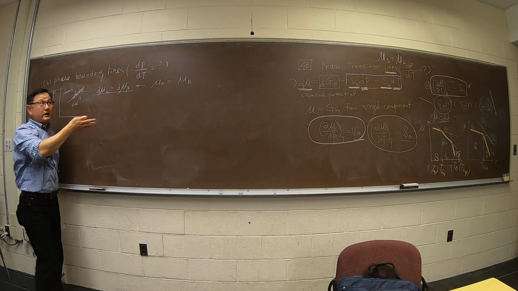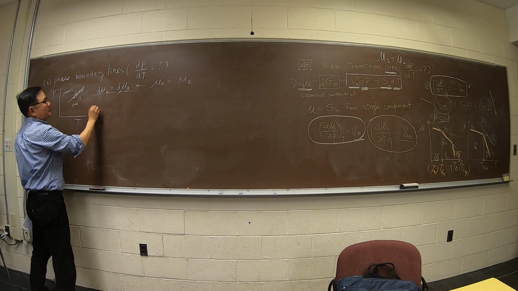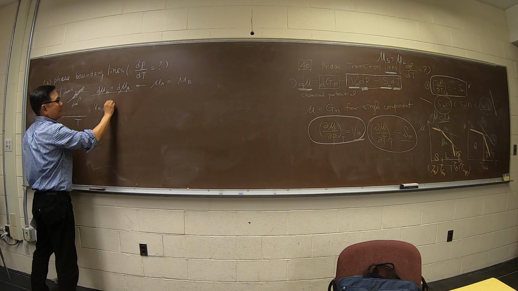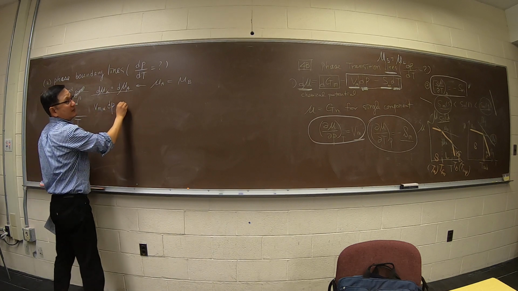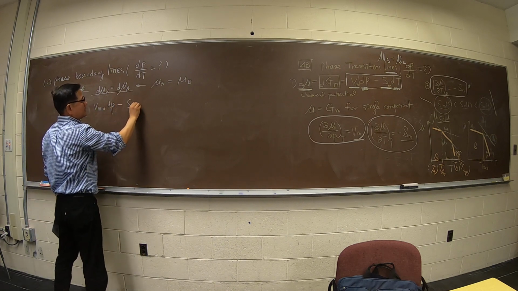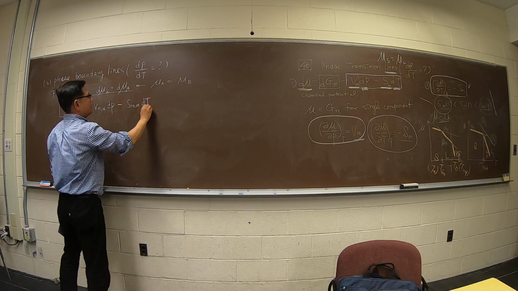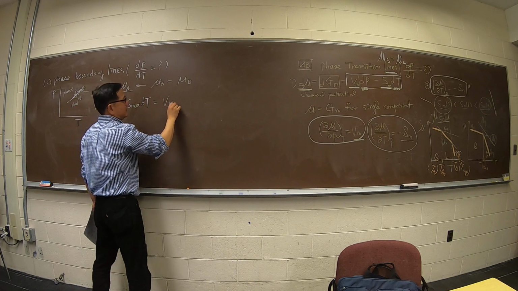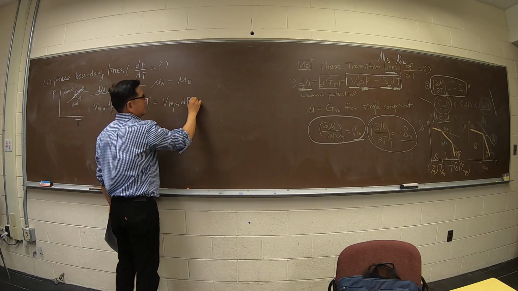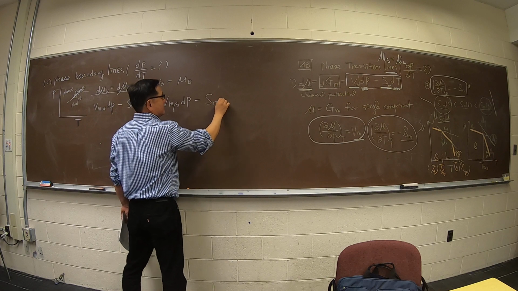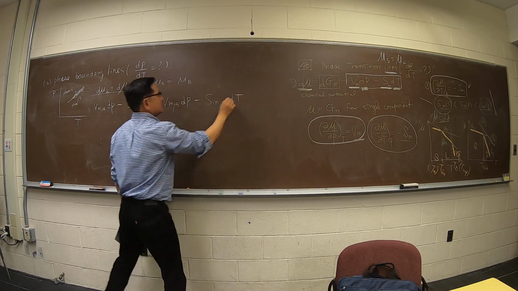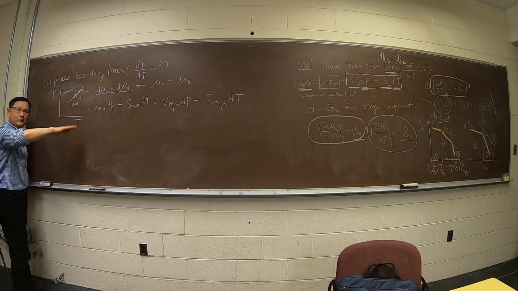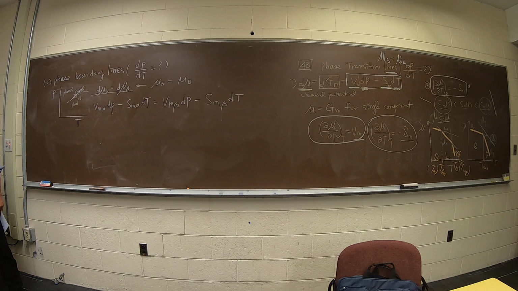I'm going to write Vm alpha dP minus Sm alpha dT. That's for the first one. Vm beta dP minus Sm beta dT. That's what's happening at that location where both phases have the same chemical potential.